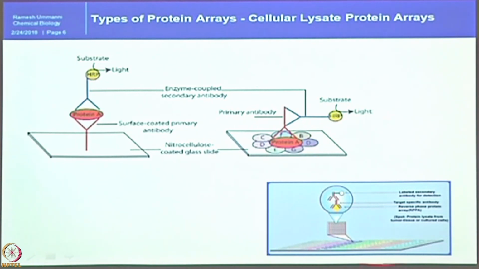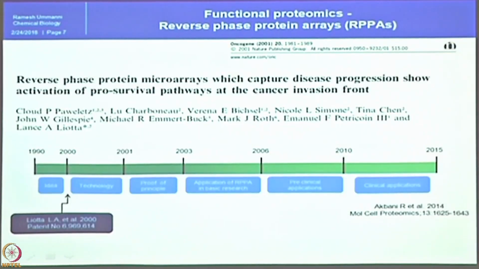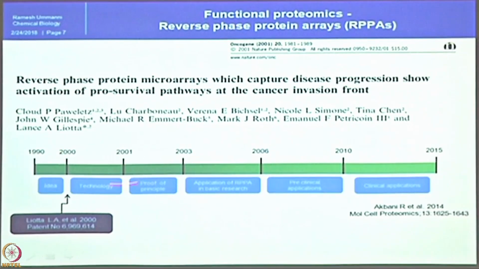This can be miniaturized into a high throughput array by spotting many different samples. This is basically the reverse phase protein array. This concept was developed by two great scientists, Emanuel Petricoin and Lance Liotta from MD Anderson in the US, and they started to establish this technique in 1990.